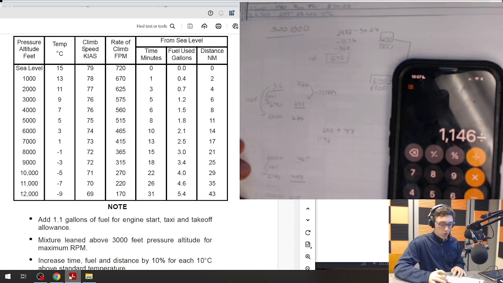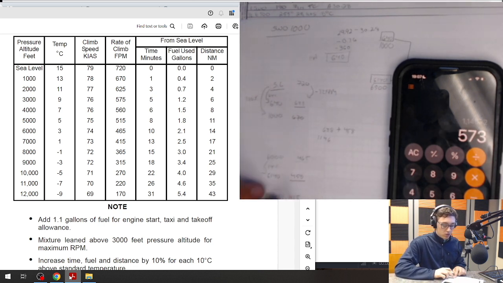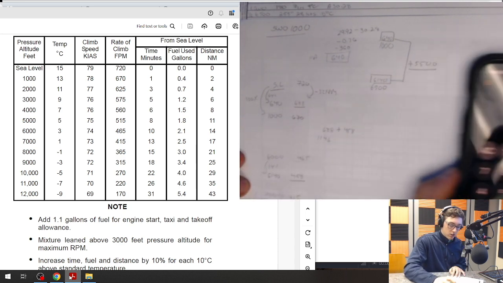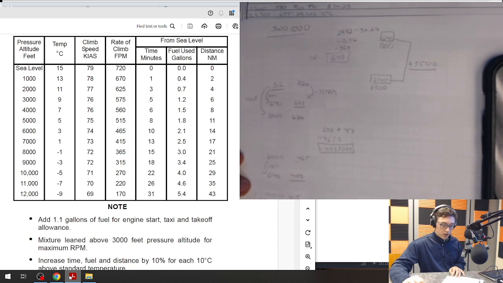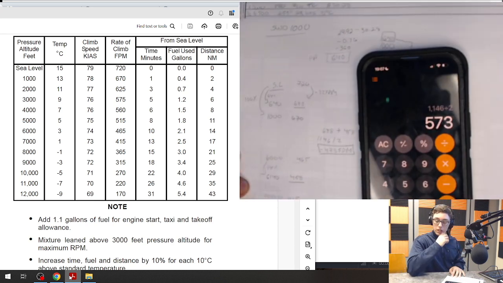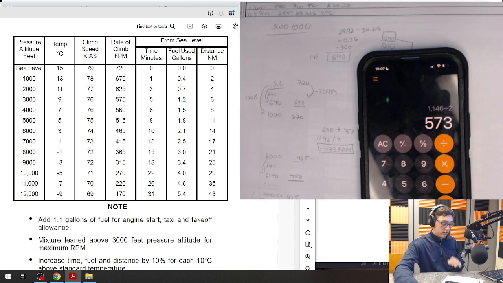Take the average. We'll divide that by 2 because we have two values. Divided by 2 equals 573 feet per minute. Now, if you're able to do that and explain that to your examiner, they're really going to love that. That is exactly how you find this and how you interpolate for something like that.